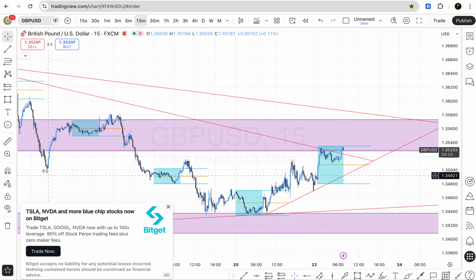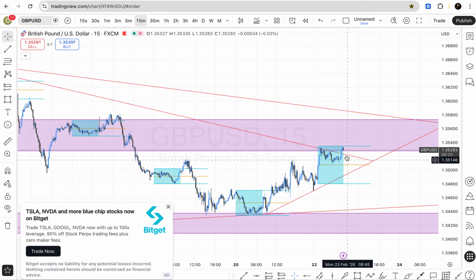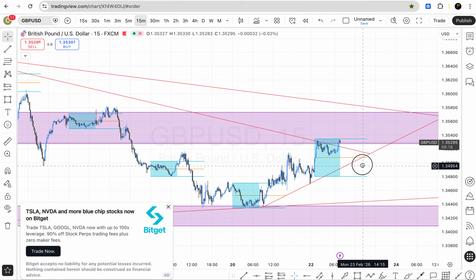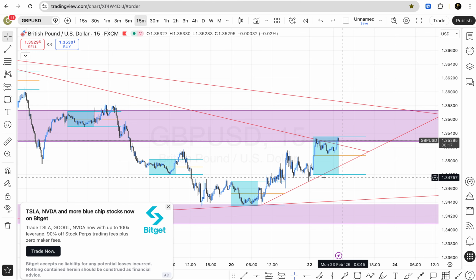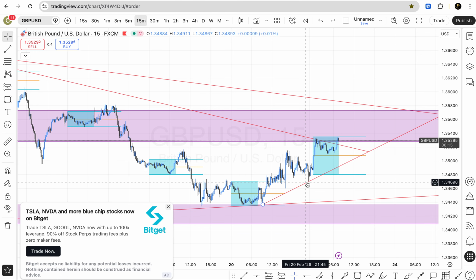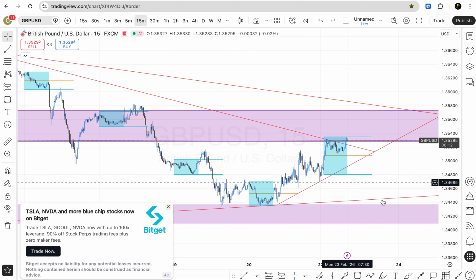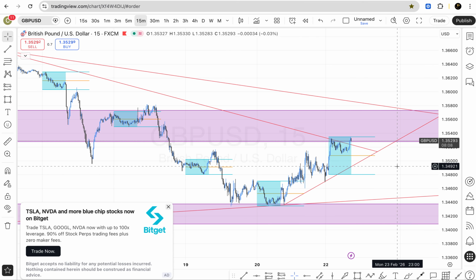So if you look at this point, and then this is a fair value gap, so it's going to sell right up to this point, and then probably grab liquidity down here. This is still liquidity, possibly right up to this point before buying upwards.